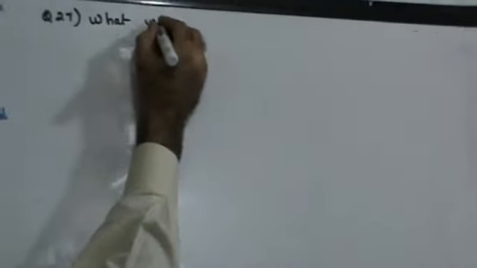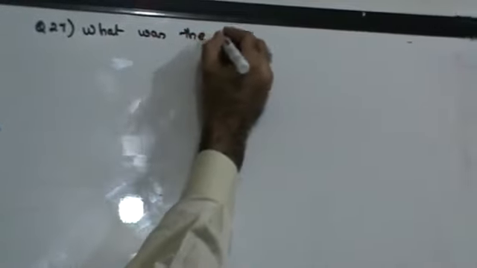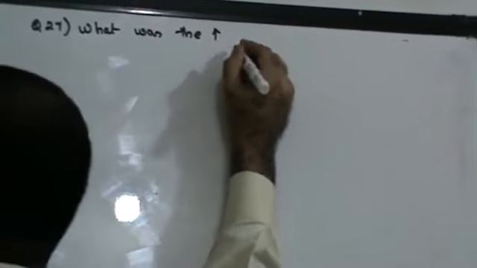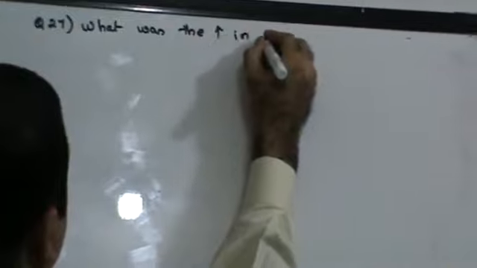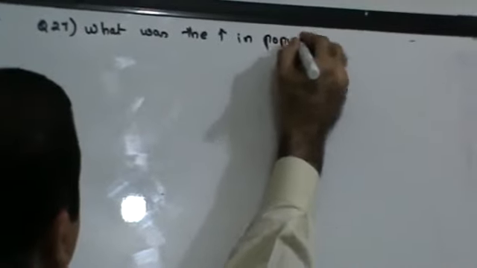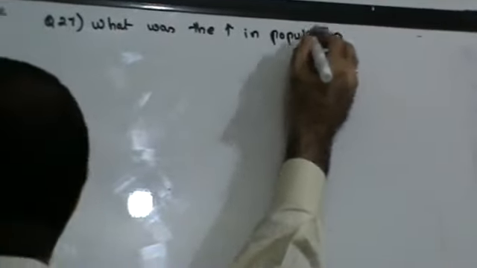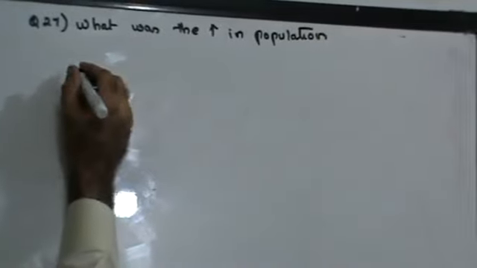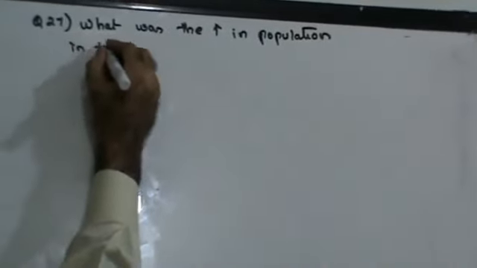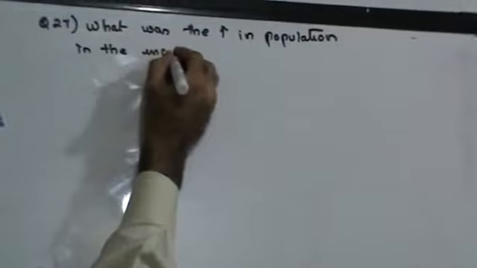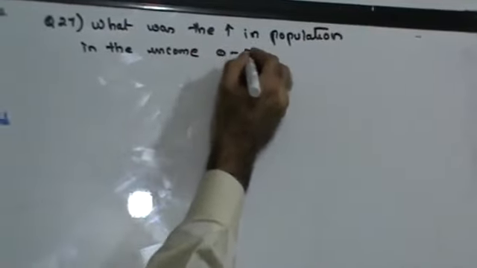Question 27. What was the increase in the population of income group 0 to 2000?